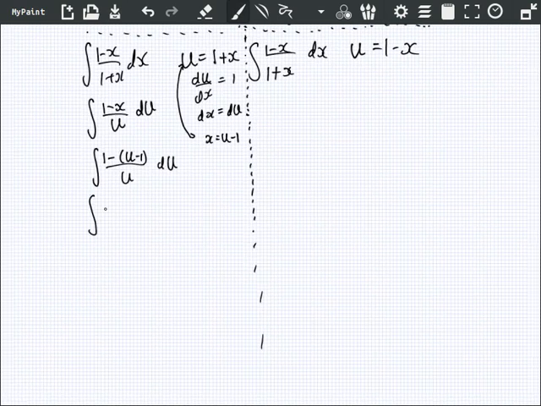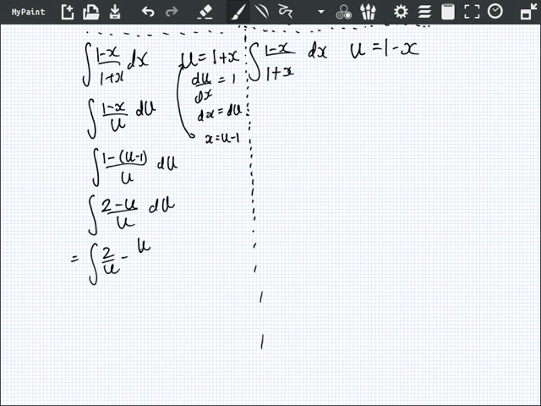So, what do we get on the top here? We'll get 1 minus minus 1. That's 2 minus u over u du. And I should split that into 2 over u minus 1. u over u, which of course is the 1. So that's integrate 2 over u minus 1 du. Now we can integrate this.